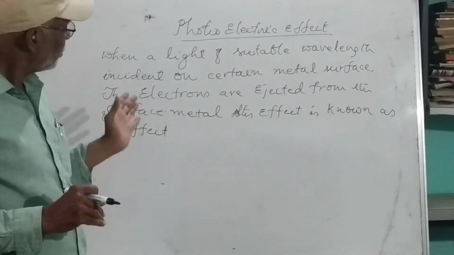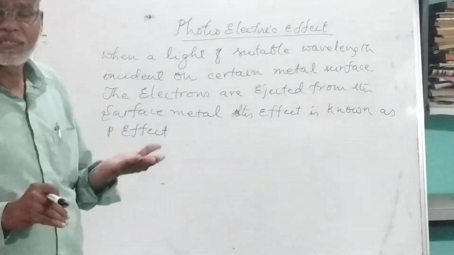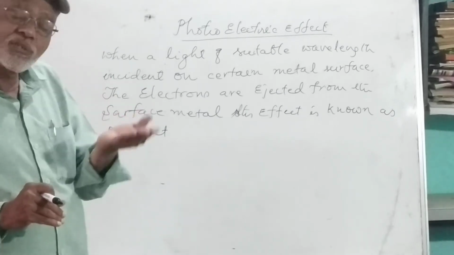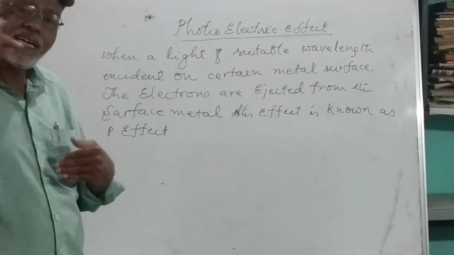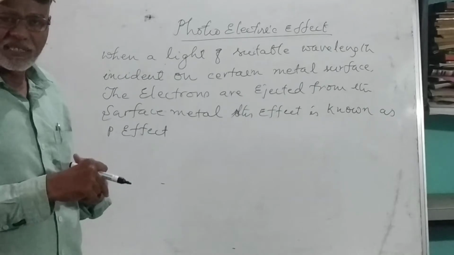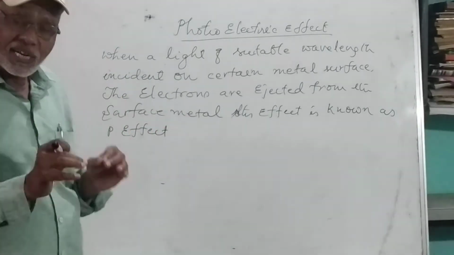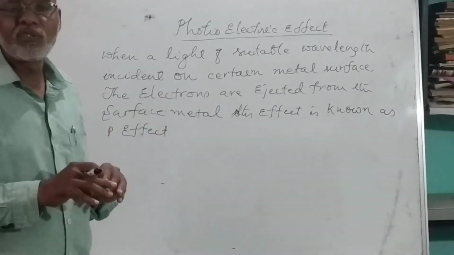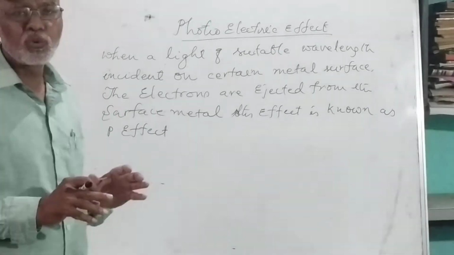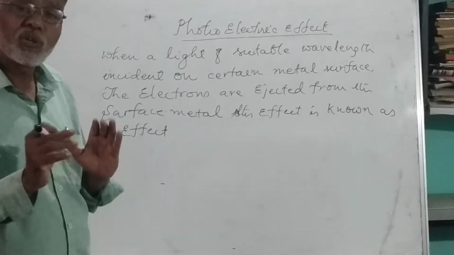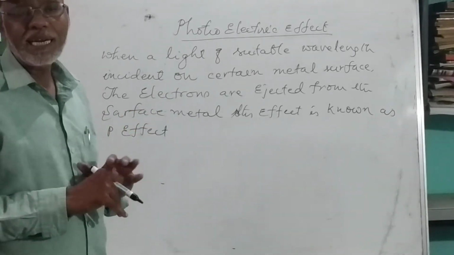Now what are photoelectrons? Photoelectrons are the electrons liberated due to light radiation incident on the metal surface. Such electrons pass through the external circuit and constitute the electric current known as the photoelectric current.